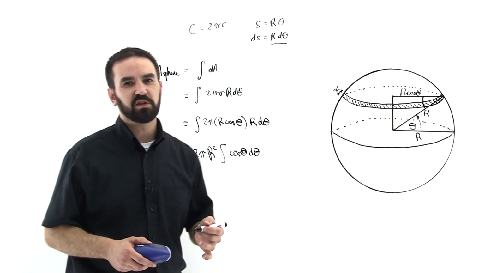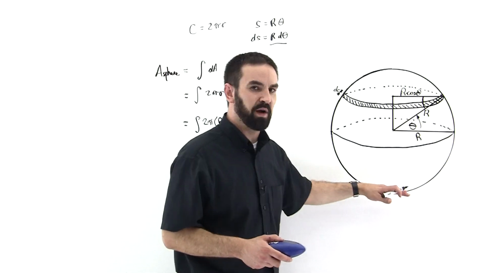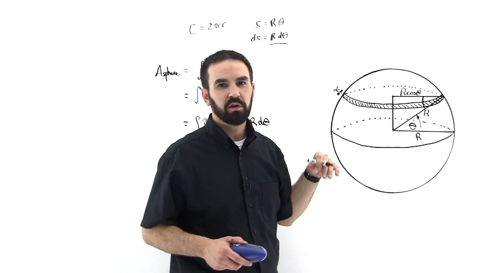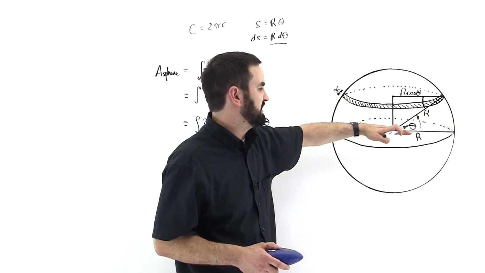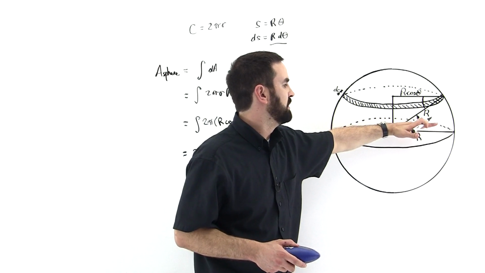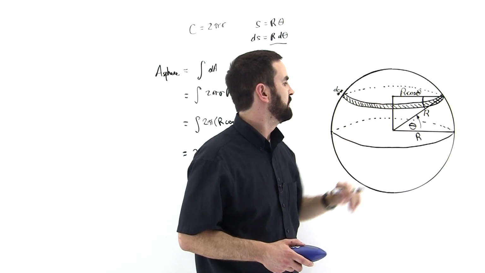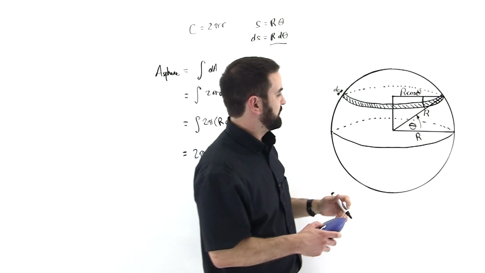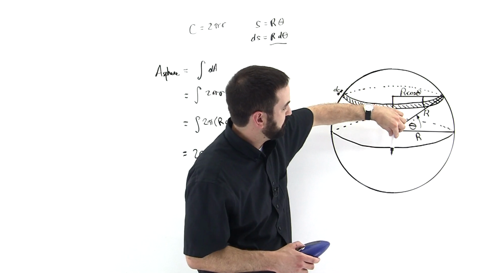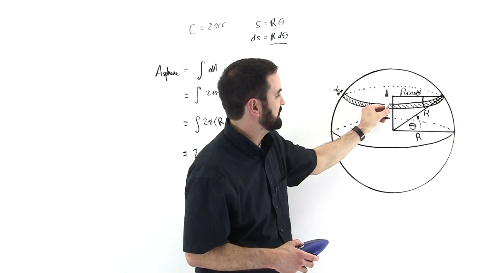Now we have two ways to do the integration. We could integrate from negative pi over 2 to pi over 2, or we could just integrate from an angle of 0 to an angle of pi over 2. Negative pi over 2 would be down here, and pi over 2 is up here.